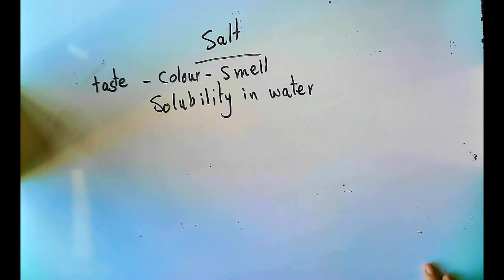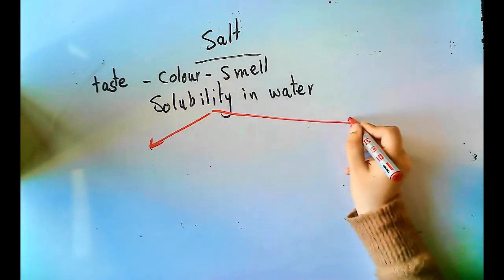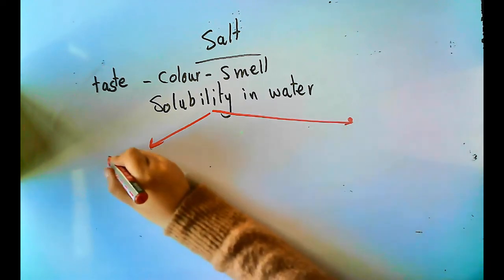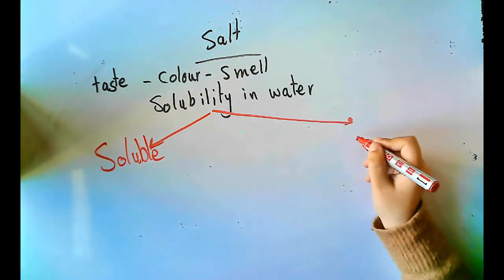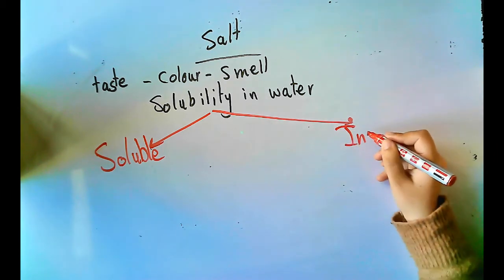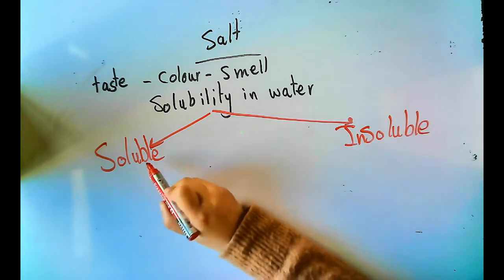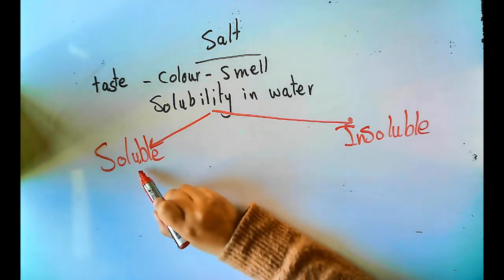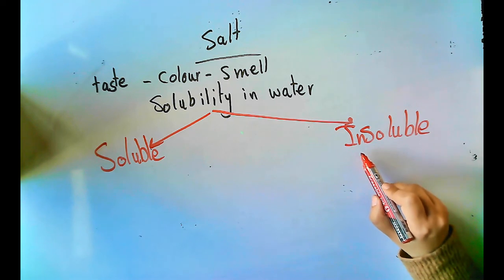Salts differ according to solubility in water: some of them dissolve in water, soluble in water, and some of them are insoluble in water. Some salts are soluble in water, and some of them are insoluble, they can't dissolve in water.